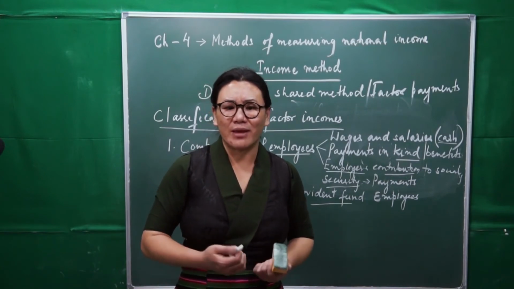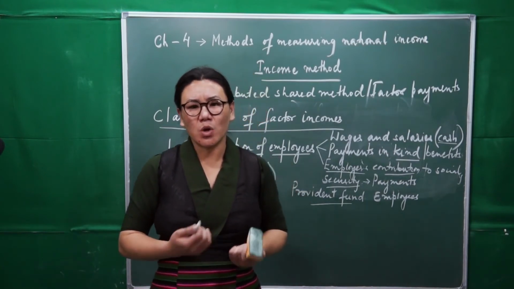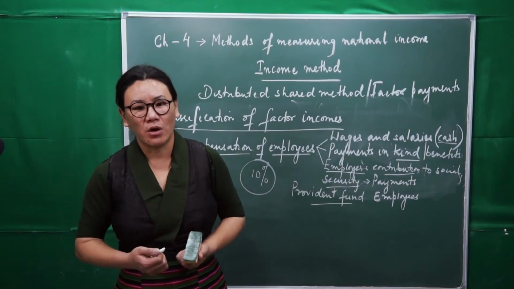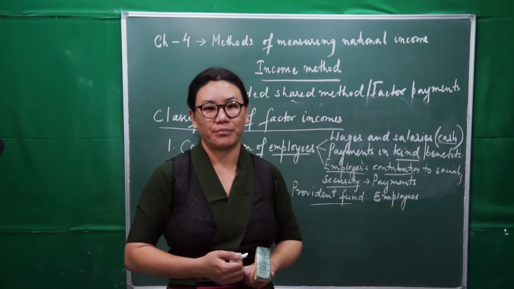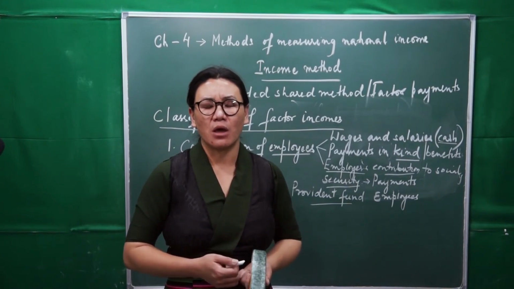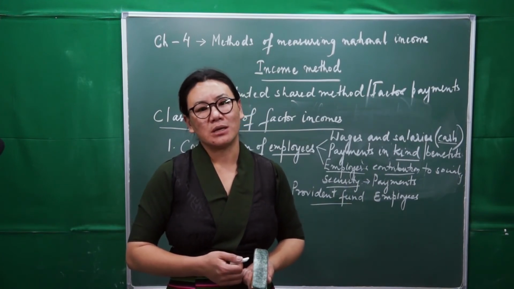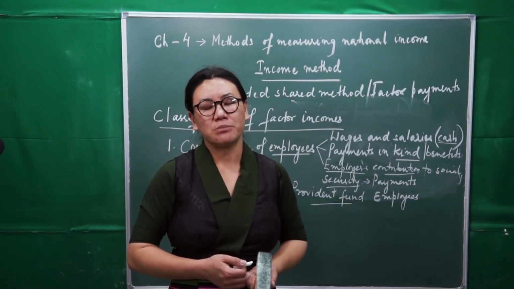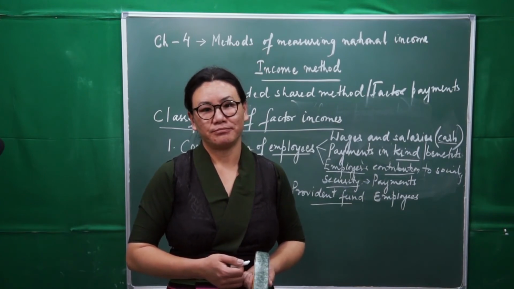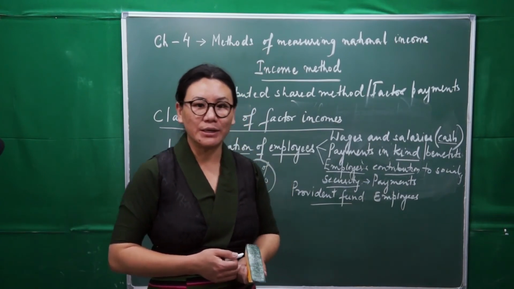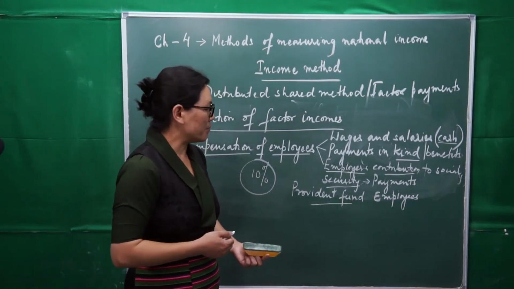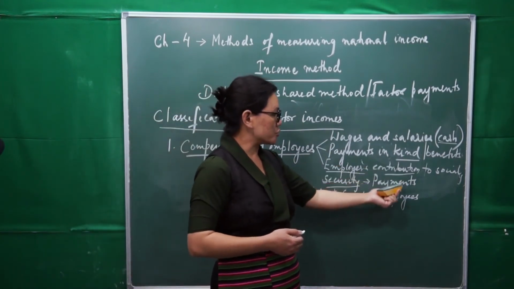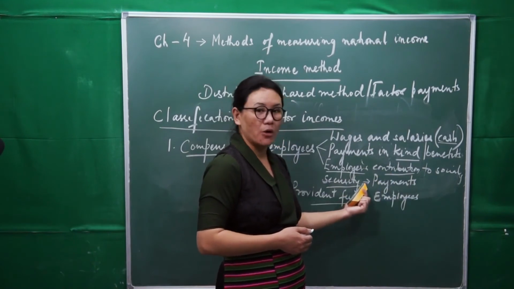Now this is given usually to take care of their post-retirement needs. Or we can say for future security purpose. Is that clear? Okay. So PF is an example of employer's contribution to social security.